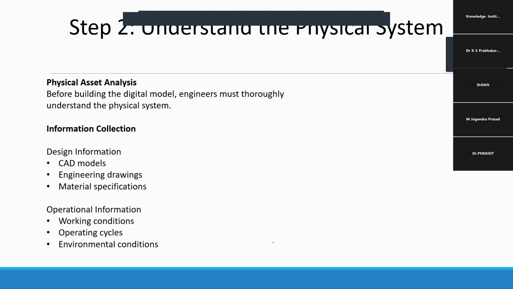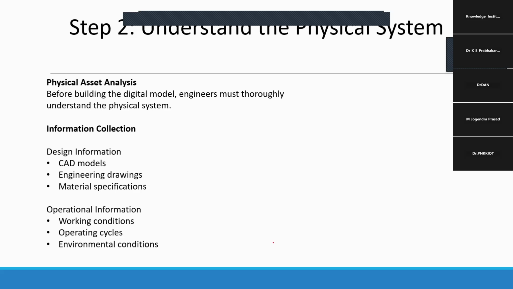Apart from that, historical information is equally important, for example maintenance records, failure reports and inspection data. This will give some insight into how the system behaves over a particular time.